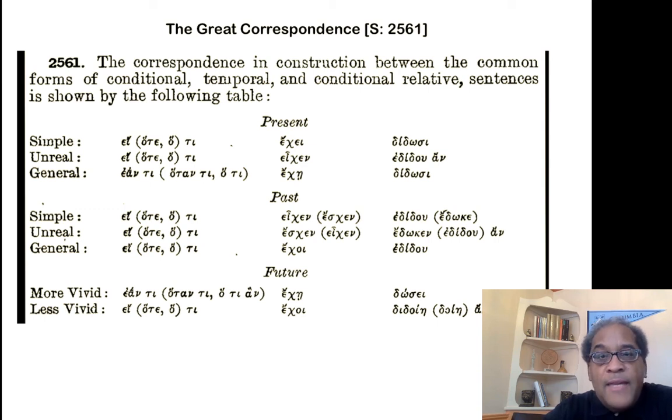Now, the fact that a conditional or a temporal or a conditional relative all are ruled by the same array and organization of tenses and moods means that learning this chart of conditionals goes a long way, and you'll see it all over the place in these various types of clauses: conditional, temporal, and relative.